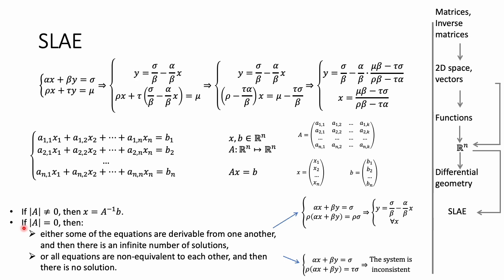It dictates whether or not the matrix A at all has an inverse matrix, and also it indicates whether or not the linear system of equations can be solved, whether it has solutions and how many solutions it has: either just one if the system is well posed, or infinitely many if the system is degenerate but consistent, or no solutions at all if the system is both degenerate and inconsistent.